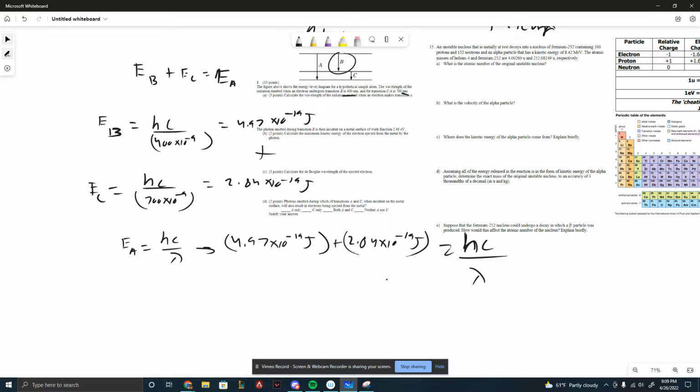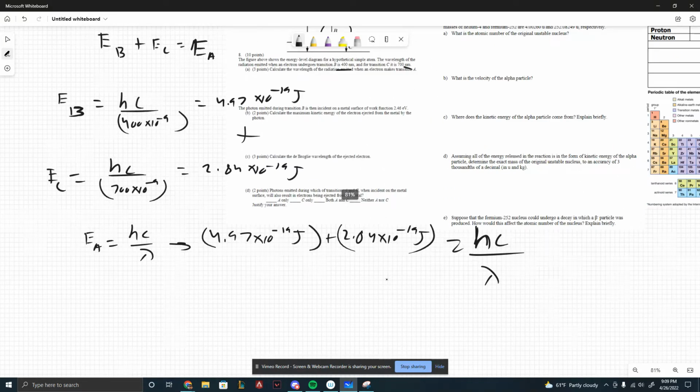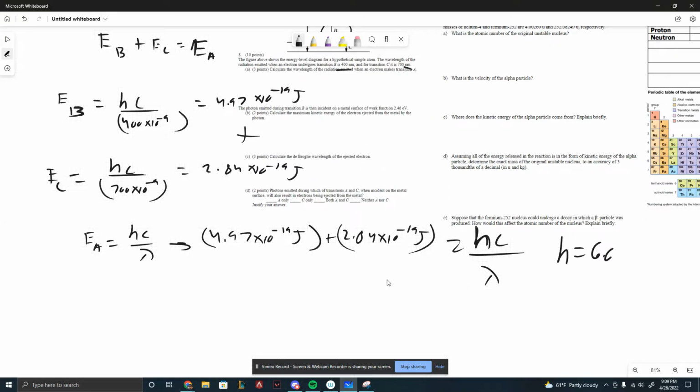I know what they are, but just in case you're not so secure on it, h is Planck's constant at 6.63 times 10 to the negative 34th joule-seconds, and c is the speed of light at 3 times 10 to the 8th meters per second.